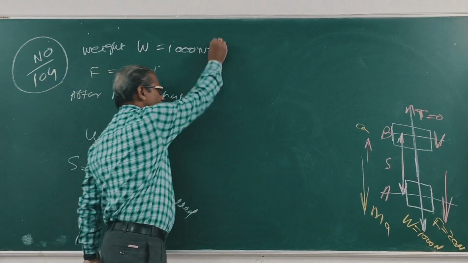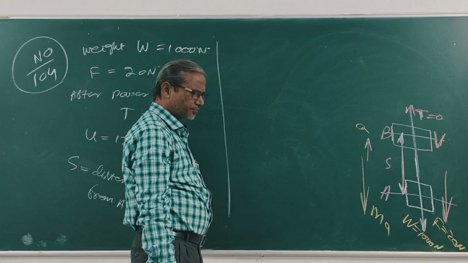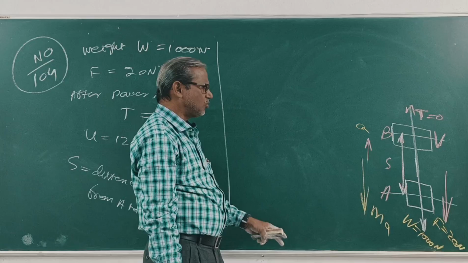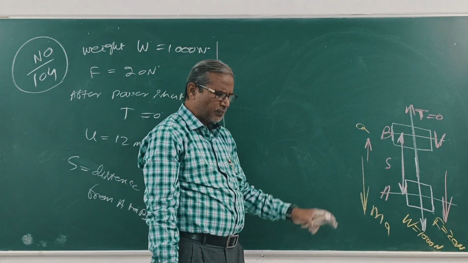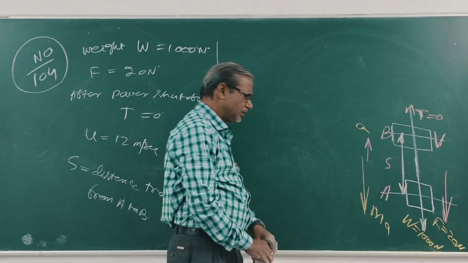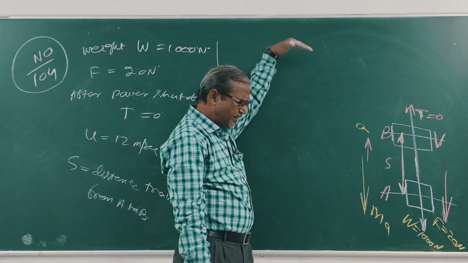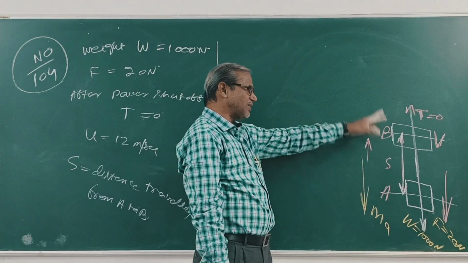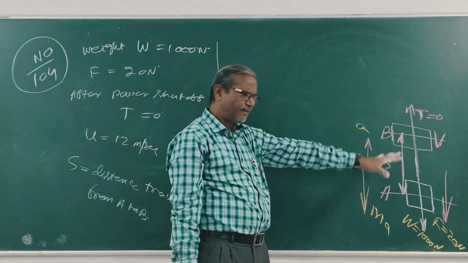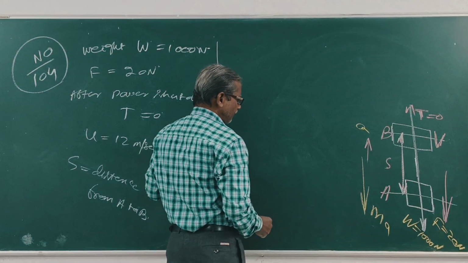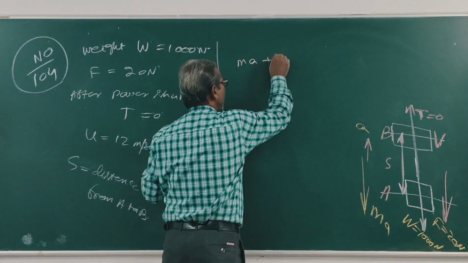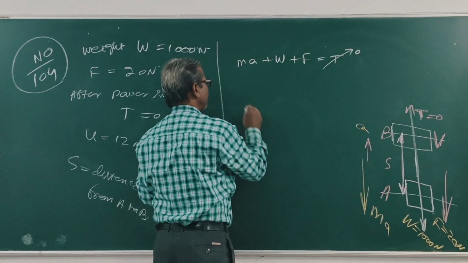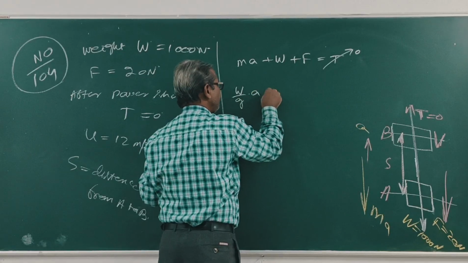Now, W plus MA plus F is equal to T. W is acting downward, MA is acting downward, F is acting downwards. All three forces act downwards, towards upwards T, but T is 0. Clear? Equating forces, MA plus W plus F is equal to T. Now T is 0. So W into A by G plus W plus F is equal to 0.